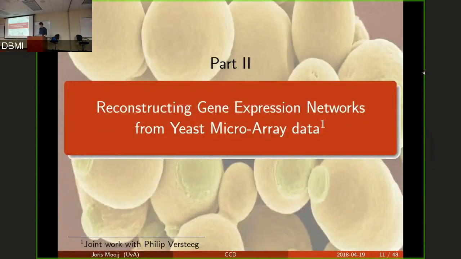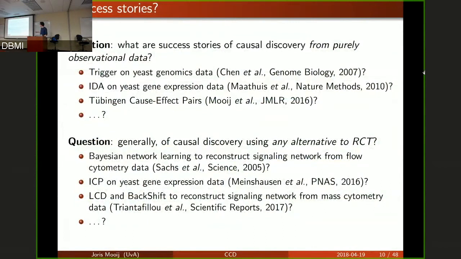Okay, so a few success stories are around. Let's look a little bit closer at some of these. I'm already going much slower than I anticipated, but nice interaction. I have basically three parts: one on IDA and yeast expression data, another on the cause-effect pairs, and then on reconstructing signaling networks from flow and mass cytometry data.